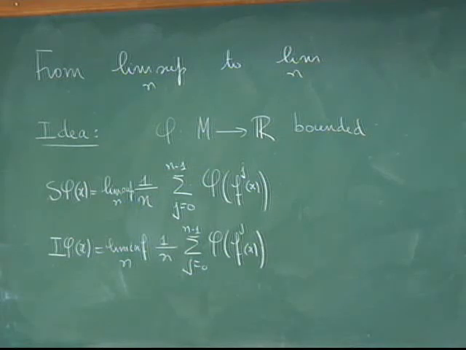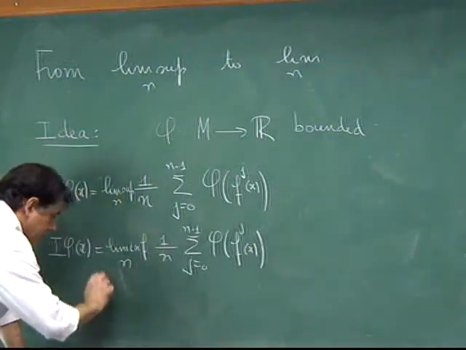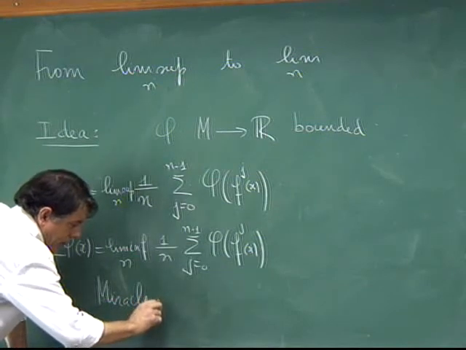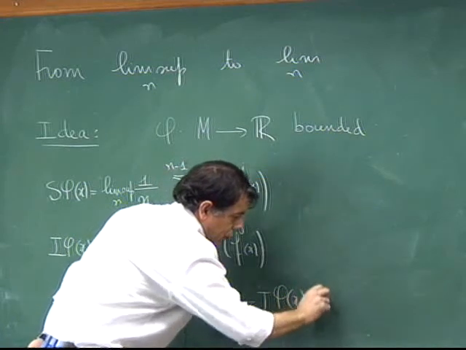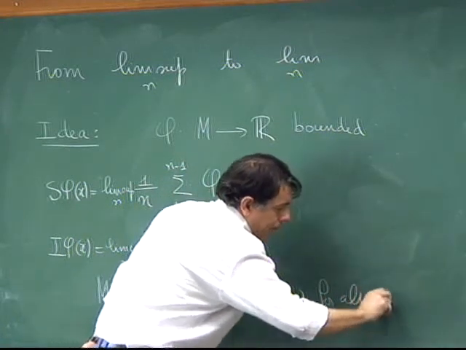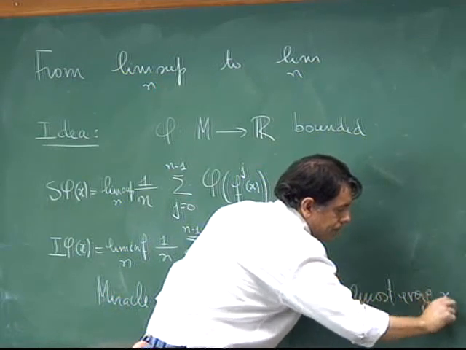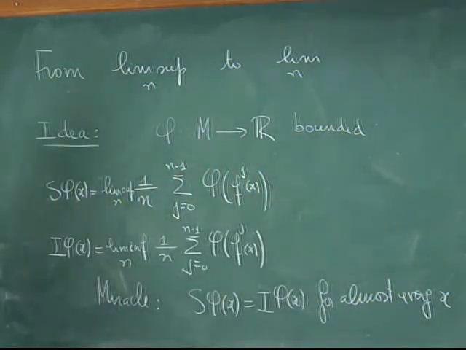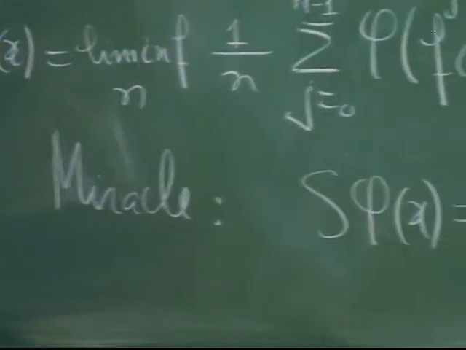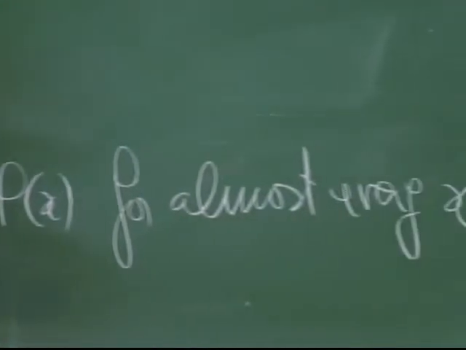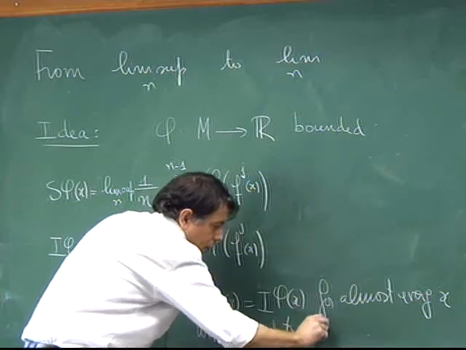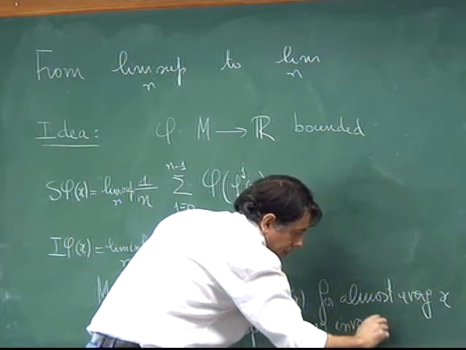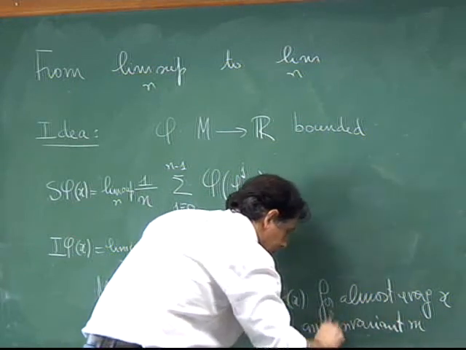But then a miracle happens, and the miracle is that S phi of x is equal to I phi of x for almost every x, with respect to any F invariant measure.